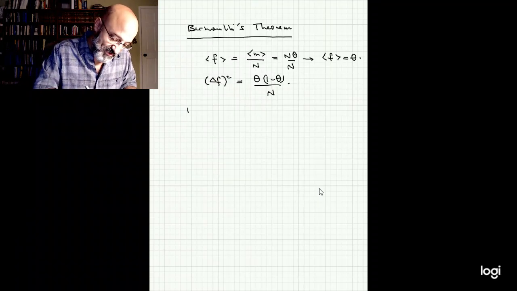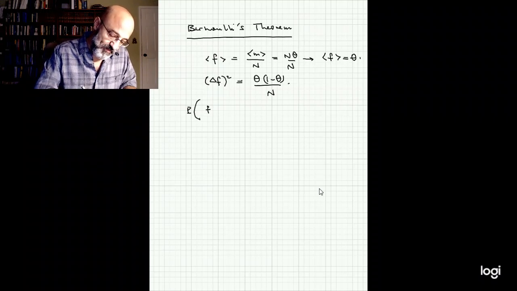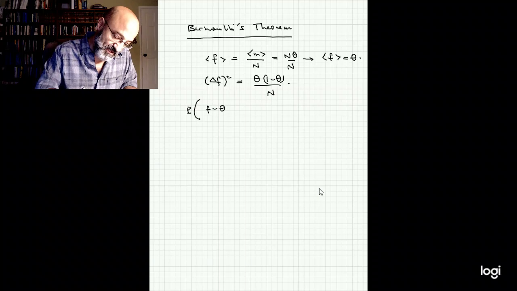The probability that f differs from the expected value of f, which is theta, by a quantity bigger than epsilon, is going to be less than the variance divided by epsilon squared.